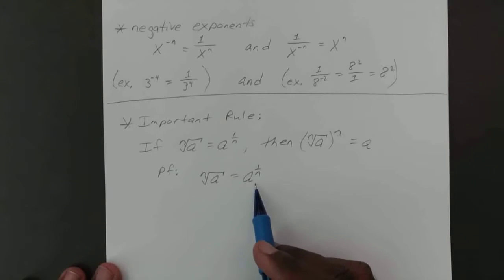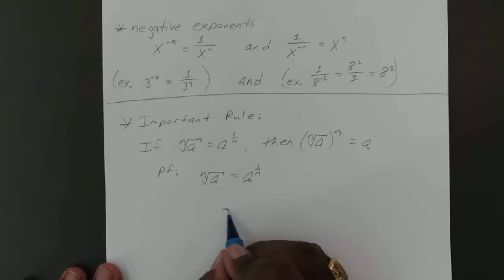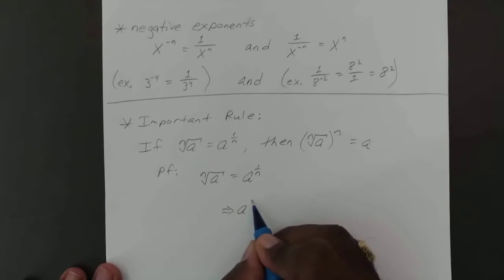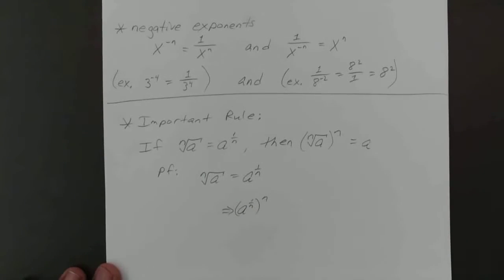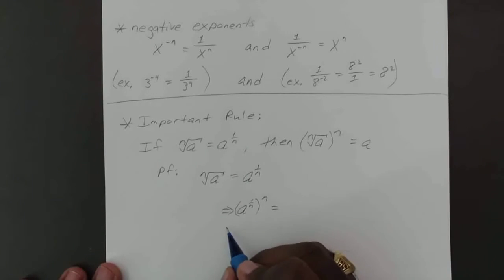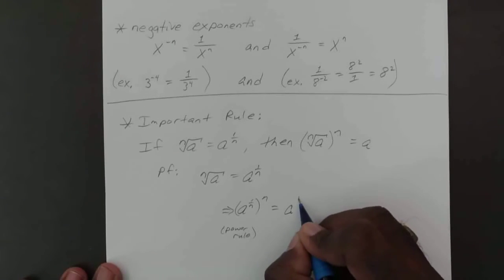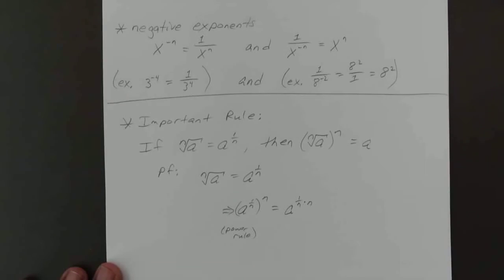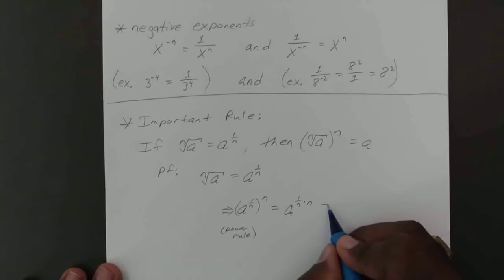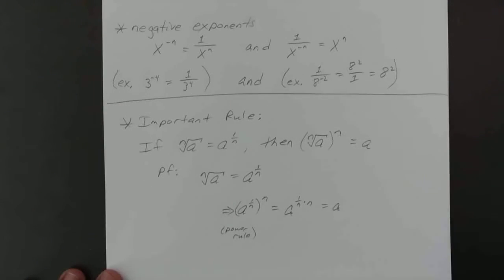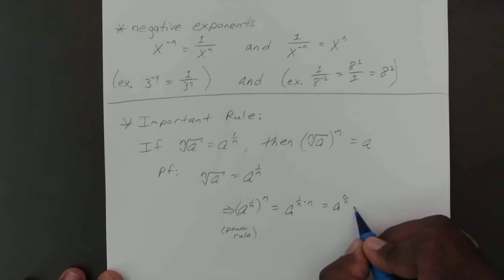So if we actually raise that to the nth power, a to the 1 over n times the nth power, remember using the power rule, that's a to 1 over n times n, which is just a, or a to the n over n, which is a.